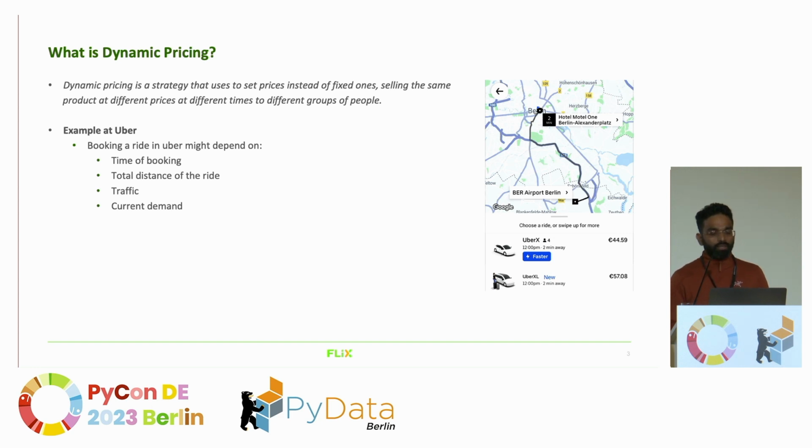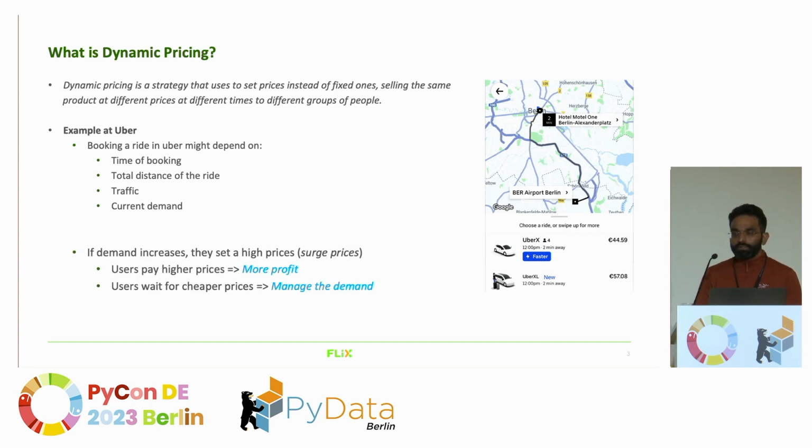There might be some other factors, but I just wanted to give you some examples. So let's say you are in the city center of Munich at 7 o'clock in the evening on Friday, and there is a huge demand for going around the city. In that case, Uber increases the price, and they also notify the users and the drivers about this increase in the price. This way, if the user is willing to pay higher prices, this will bring them more profit.